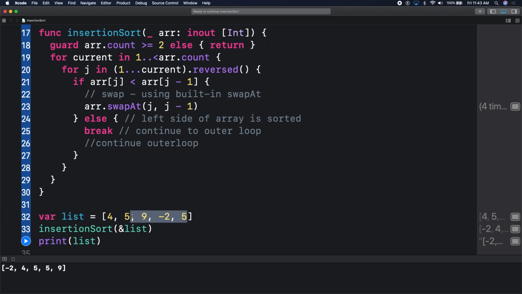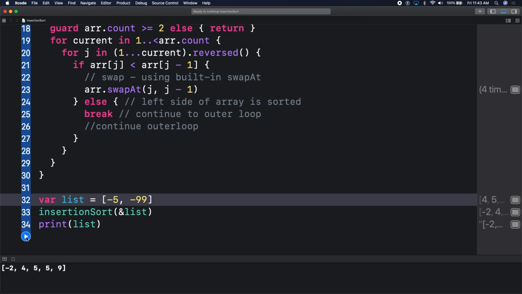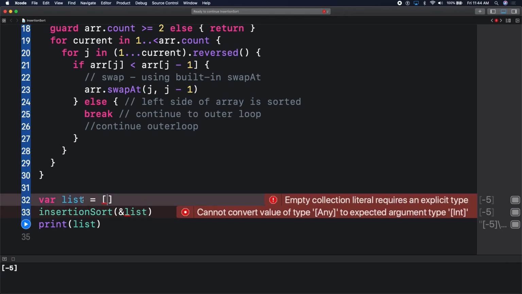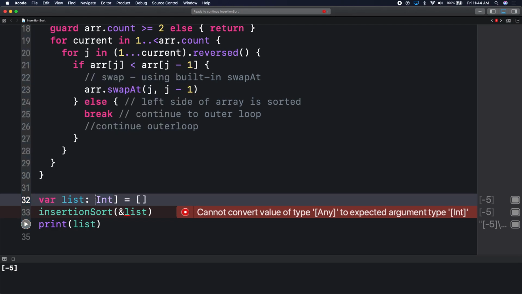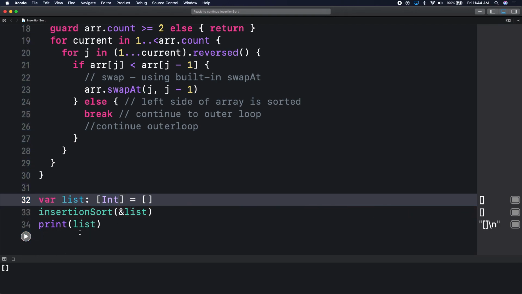So let's just test this. Minus 5 and minus 99. Sort this. Right, we're good here. If we have minus 5, it just returns minus 5. If we have an empty set, well, we need to say it's an integer array. It doesn't crash, just returns an empty set, right?